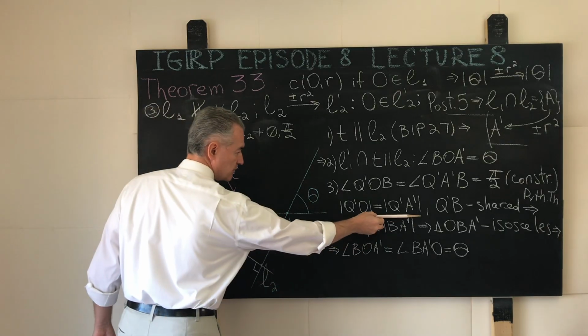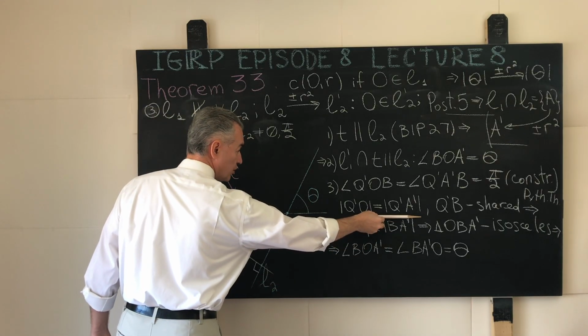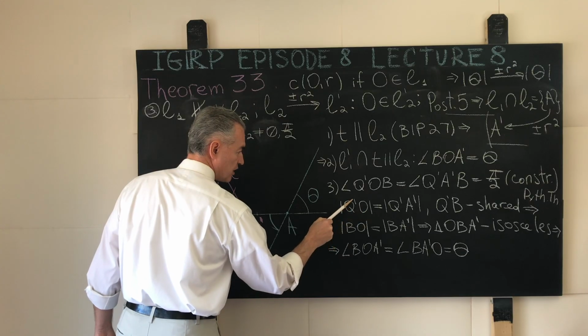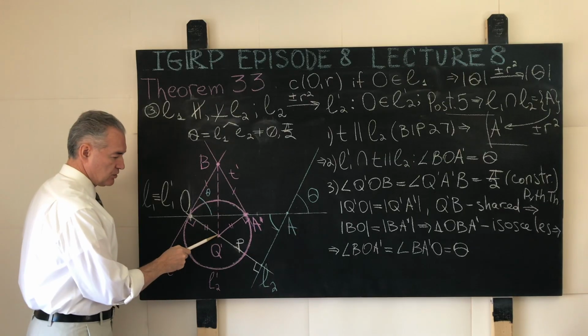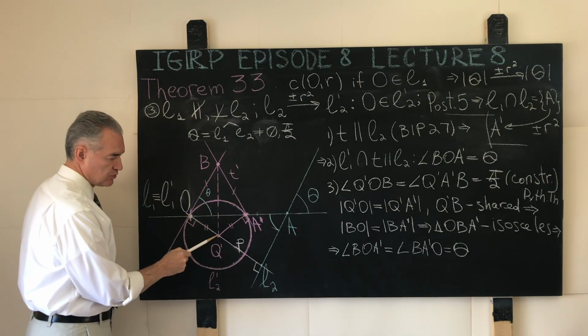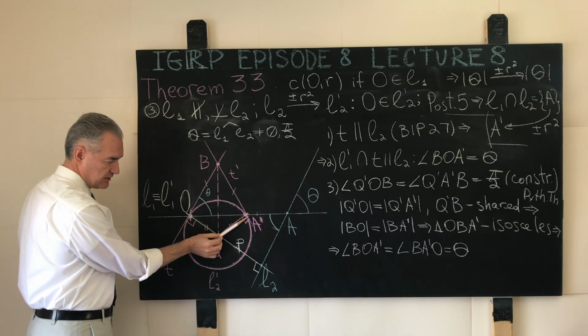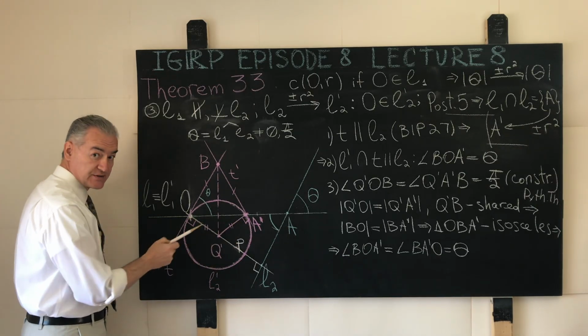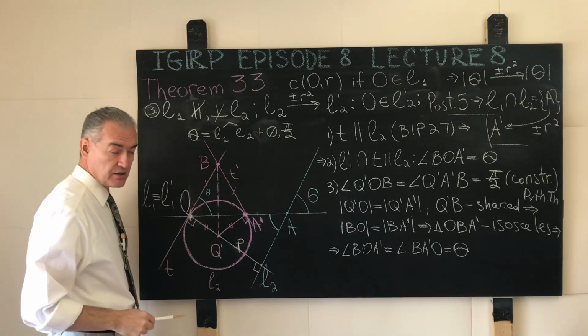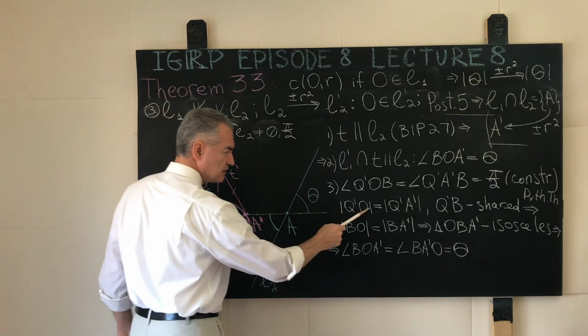Finally, we make this observation over here that because these line segments Q prime O and Q prime A prime are the radii of one and the same circle, by length, they are equal.